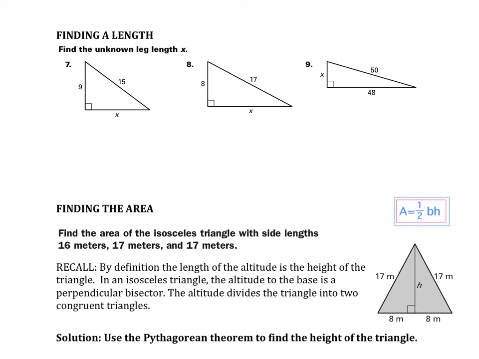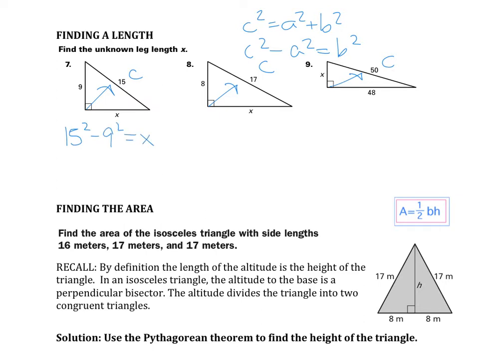Now we're going to find an unknown length. So we're going to be given this C. So remember that C squared equals A squared plus B squared. So if I want to find a leg, I can just subtract the square of one of the others. And then again, you have to take the square root.